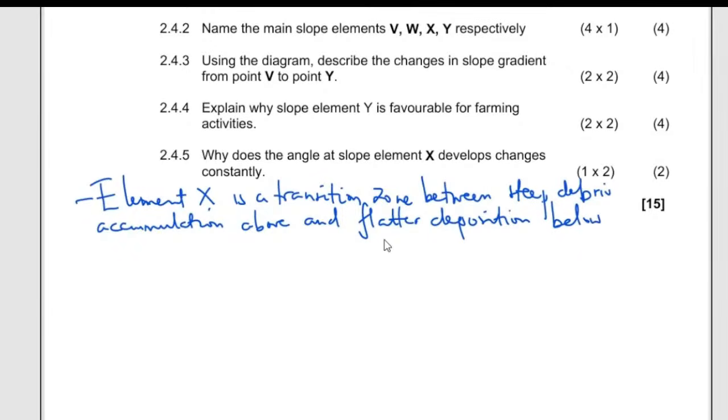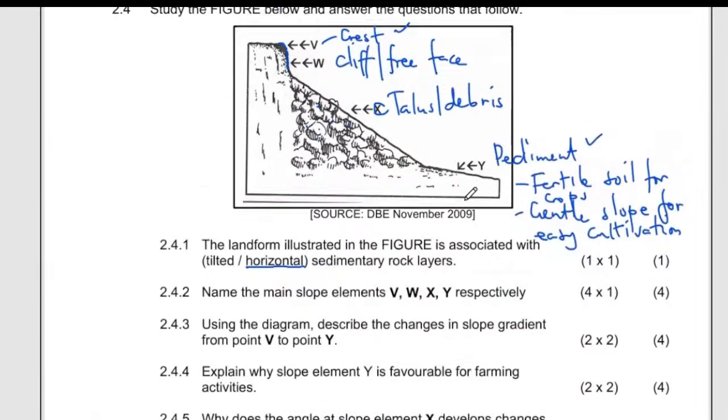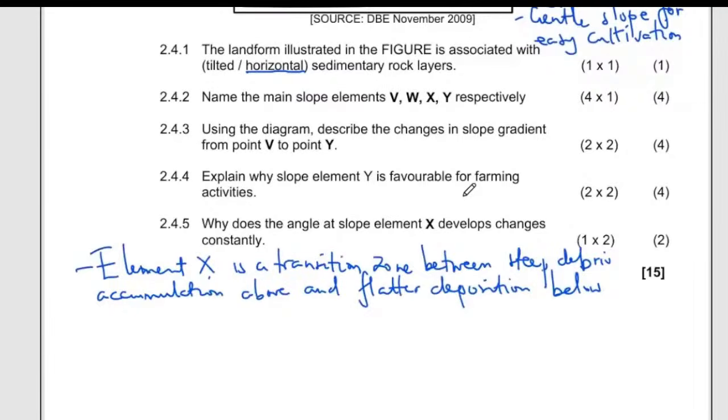So we are seeing it's a zone of change from this steeper part with accumulated material and the bottom part here. So it means it cannot maintain the same angle. Why? Because it's not permanent, it's a transitional zone. It's a change from steep debris accumulation to flatter deposition at the bottom of the slope on the pavement.